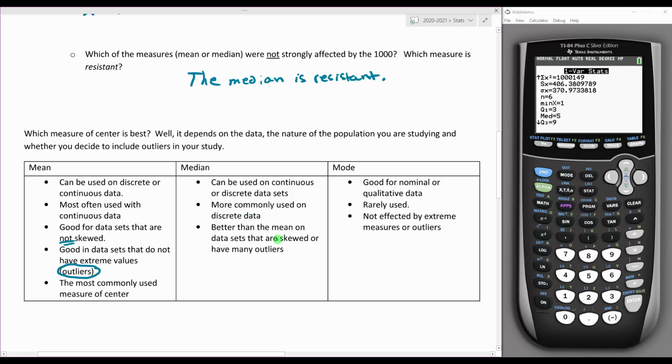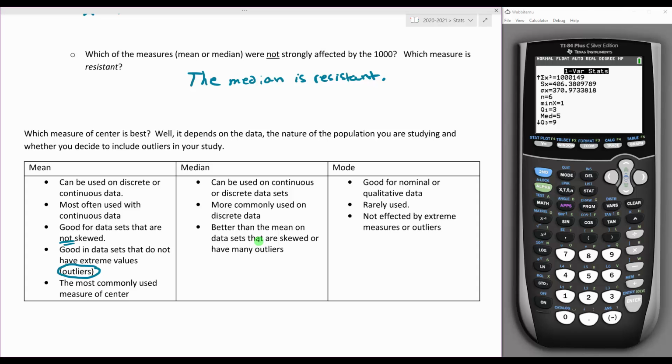It is better than the mean on data sets that are skewed or have a lot of outliers. So if we see a skewed distribution or we have a lot of extreme values in our data, examples of that might be studying incomes, especially in America where we have a lot of people in our population that have very extreme amounts of wealth. And then we also have a lot of people that have next to nothing.